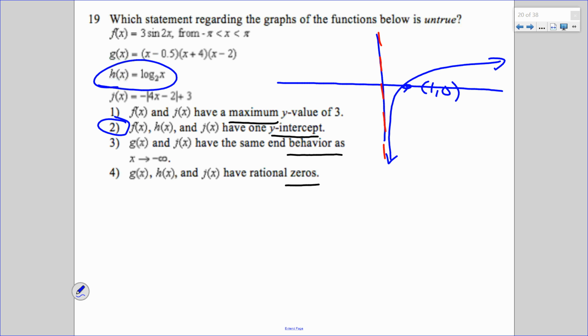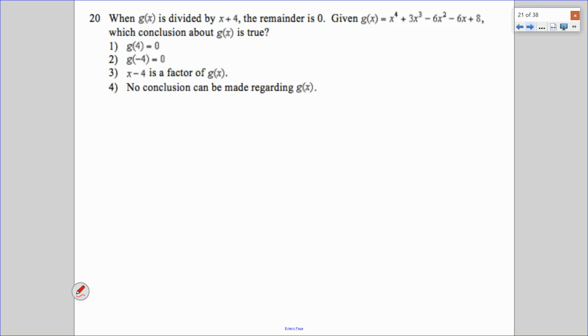Does a log graph that's not shifted have a y-intercept? No, it doesn't. Therefore that one is untrue. Again, you could look at all these functions and go through that, and it's a bit of a headache, but it is what it is. But if you do know your properties of log graphs, you know that a log graph that's not shifted does not have a y-intercept. Big concepts.